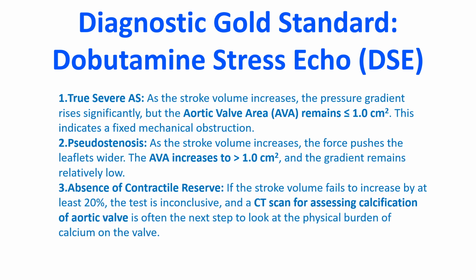This indicates a fixed mechanical obstruction. In pseudostenosis, as the stroke volume increases, the force pushes the leaflets wider. The aortic valve area increases to more than 1 square centimeter and the gradient remains relatively low.